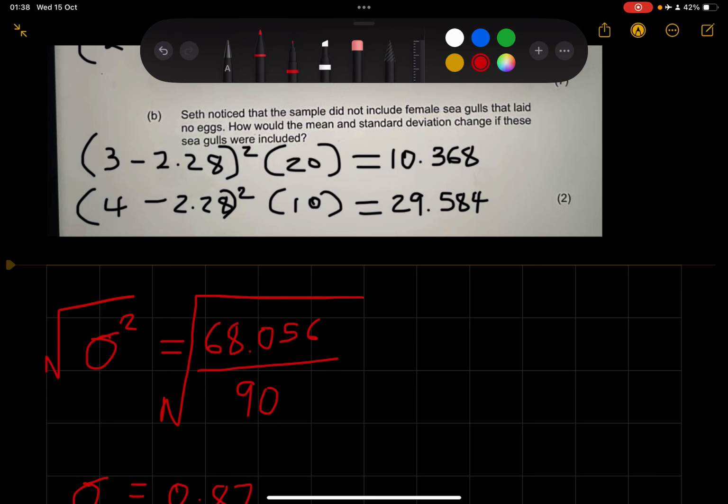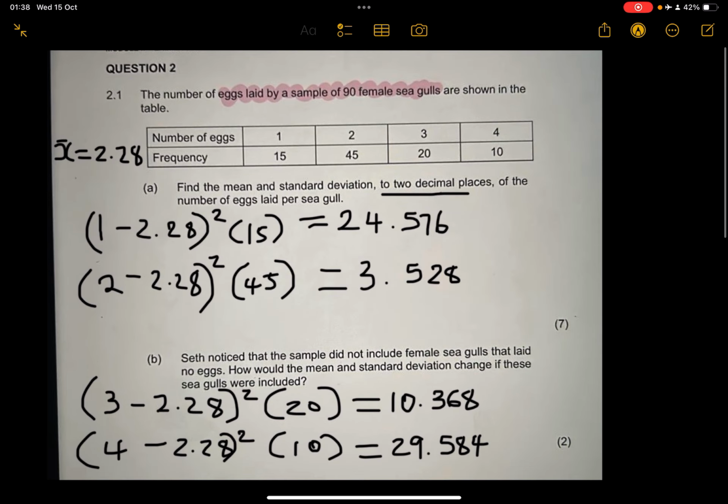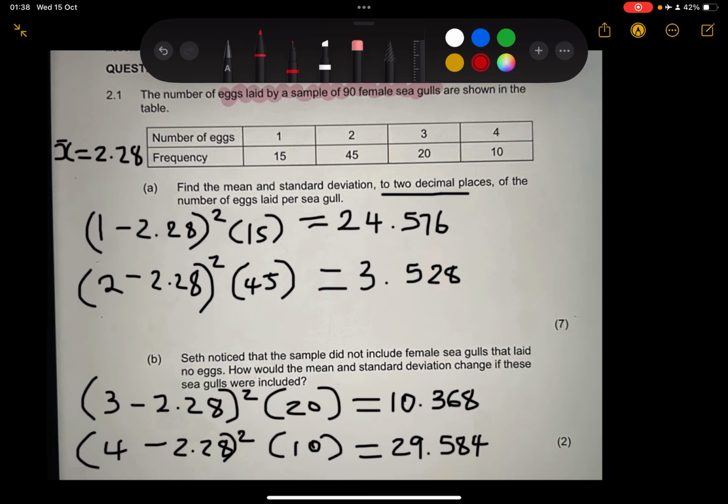If we added those 0 egg laying seagulls into the mix, we need to adjust the average and the standard deviation, obviously. But let's not panic. It's not going to throw everything off too much, right? Obviously, remember the mean. If we add them in here, the frequency will increase.